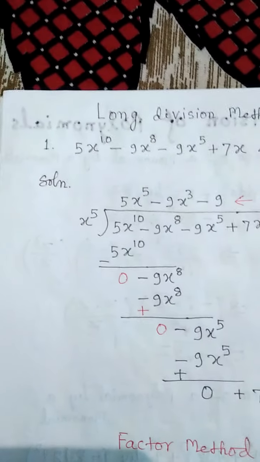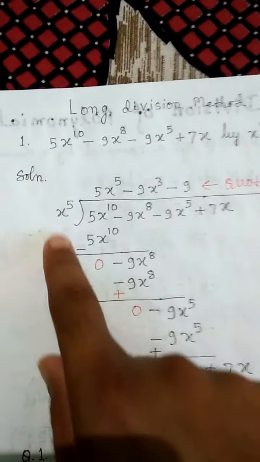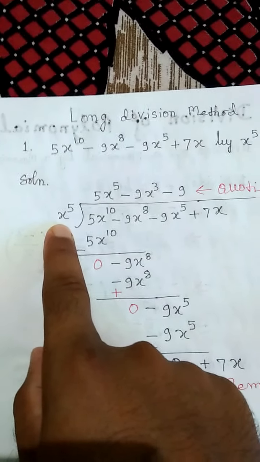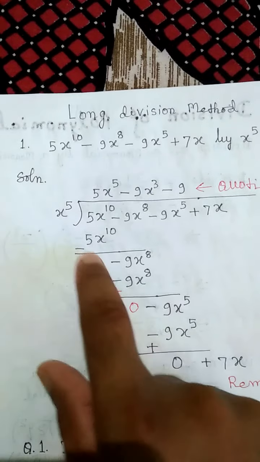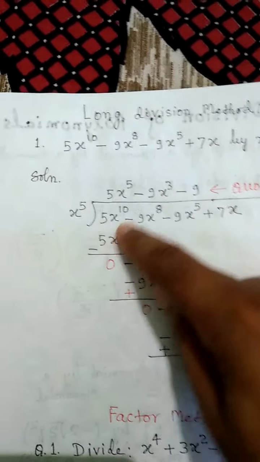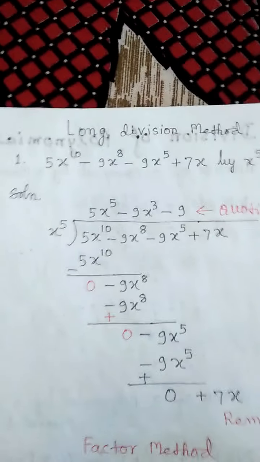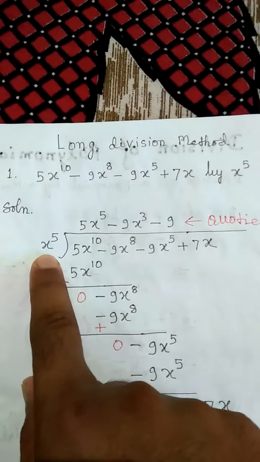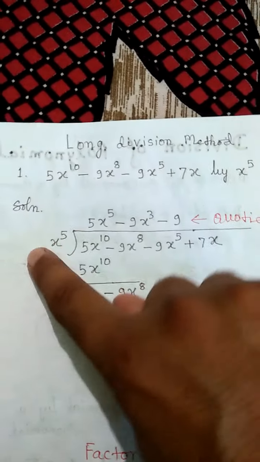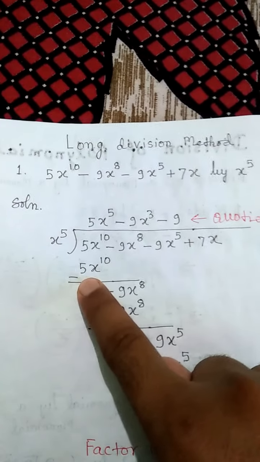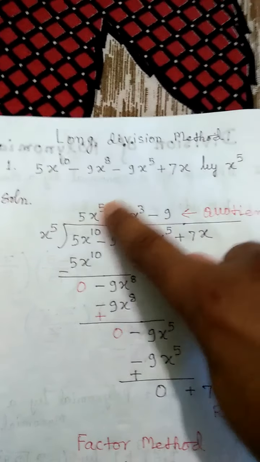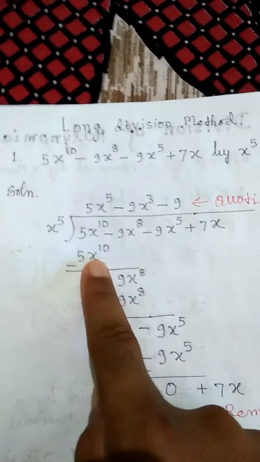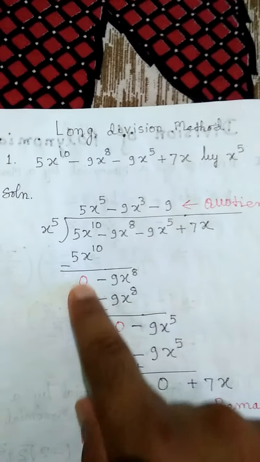Now, we need to multiply this x to the power 5 by such a number so that its product will give this number, and in this way the first term must be cancelled. When we multiply x to the power 5 by 5, then we get 1, 5, 5, and x to the power 5, x to the power 5, 5 plus 5, that is 10. First term must be cancelled.